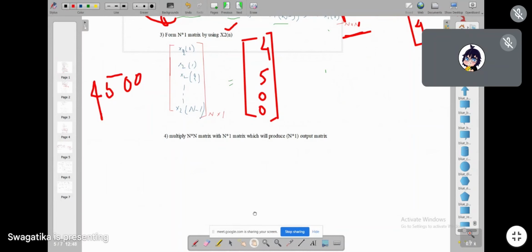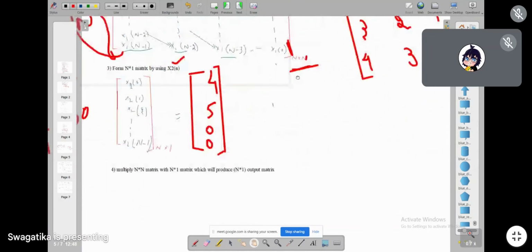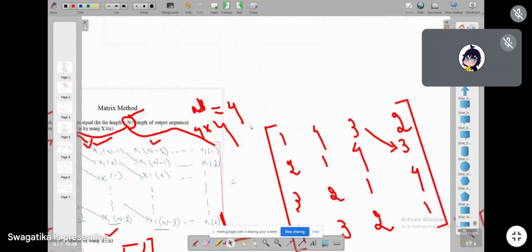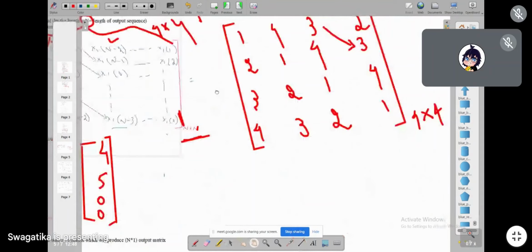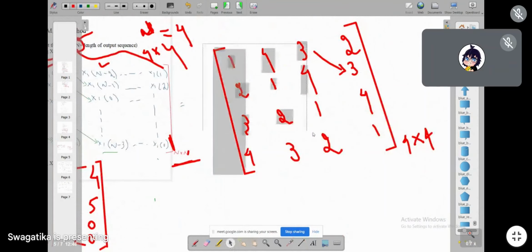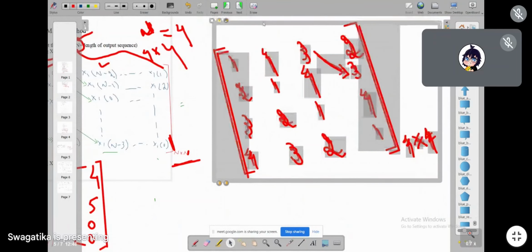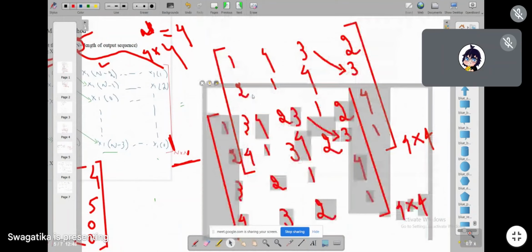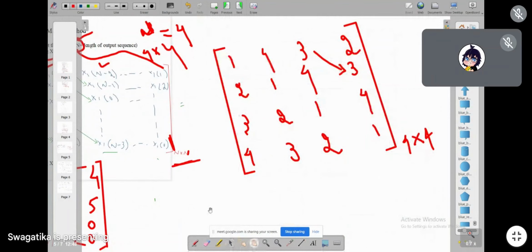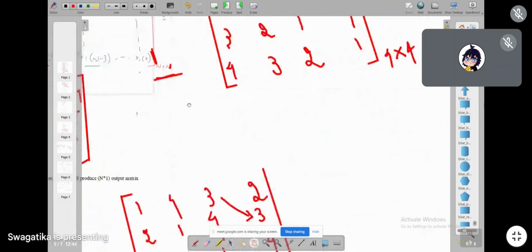So now you have to multiply this matrix with the second one, with 4 5 0 0.